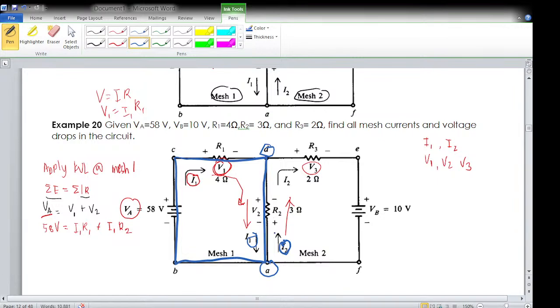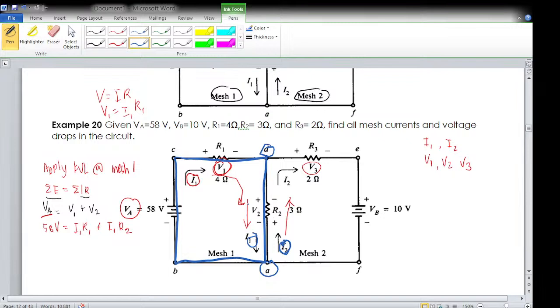Now, what do you think will happen? What happens sa dalawang current? Status ng dalawang current, si I sub 1 at si I sub 2. Are they on the same direction or opposite direction?